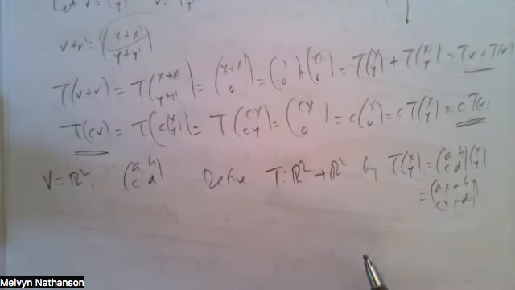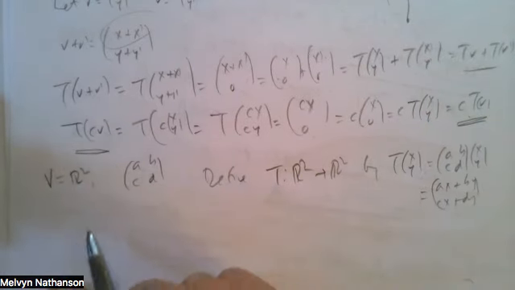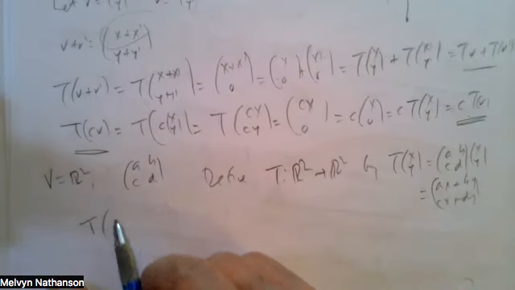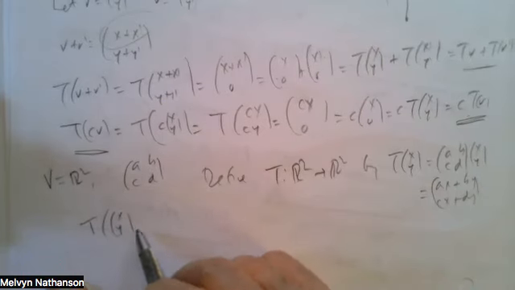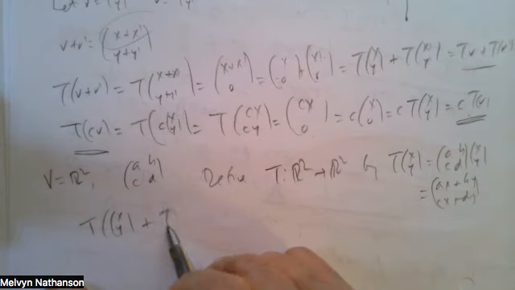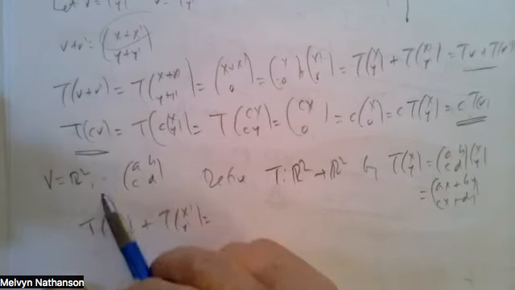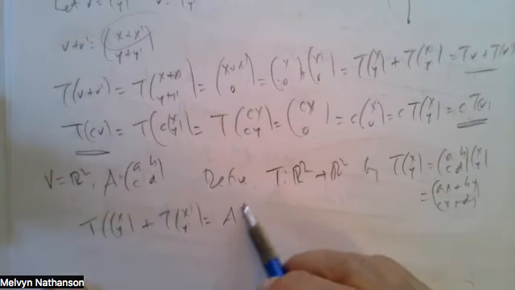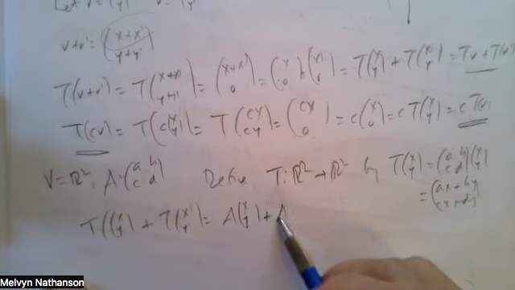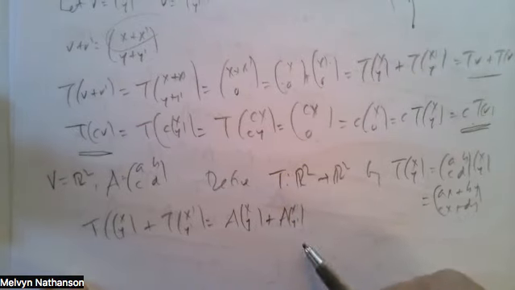You can do it explicitly, or you can just observe that if you take T of (X,Y) plus T of another vector (X prime, Y prime), let me call this matrix A, that's A times (X,Y) plus A times (X prime, Y prime).